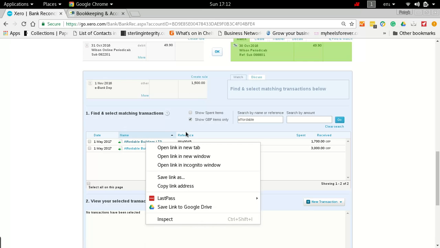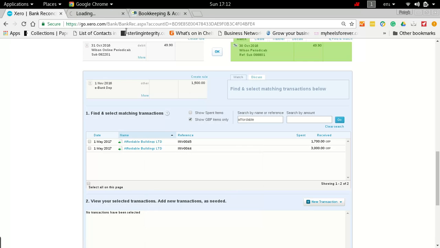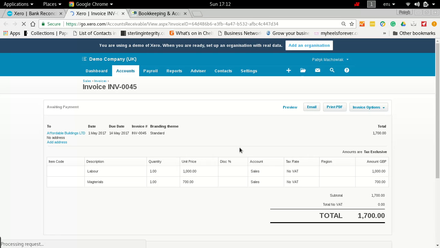Now they're paying us 1,500, and this is because our labor was £1,000 and they deducted 20% because we are registered with HMRC for the Construction Industry Scheme. They've deducted 20% tax, and 20% of 1,000 is £200. So 1,700 take away £200 gives us £1,500. So they paid us correctly.